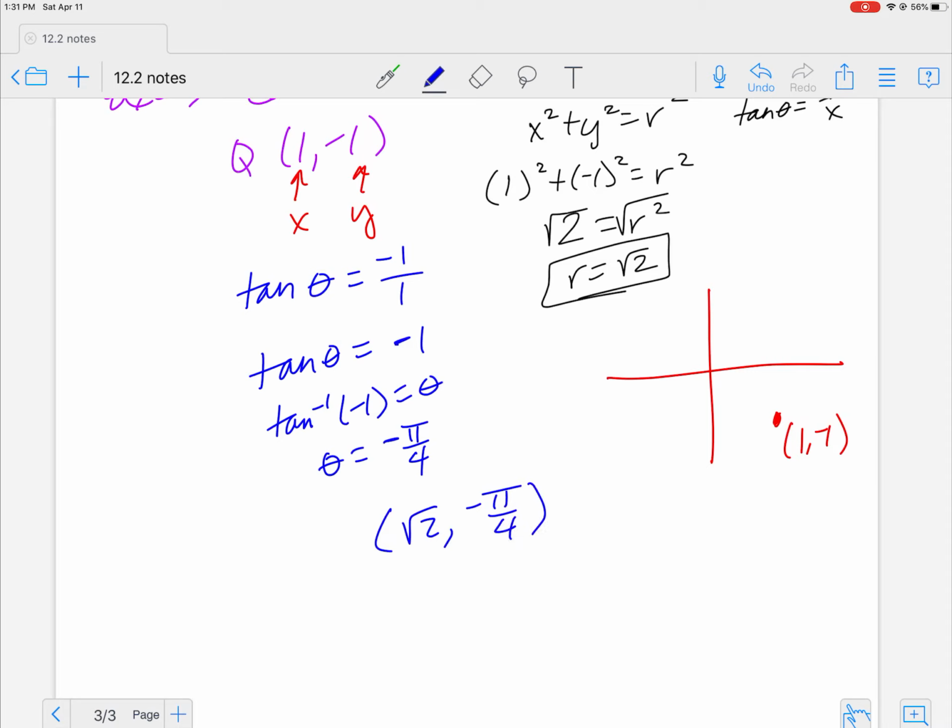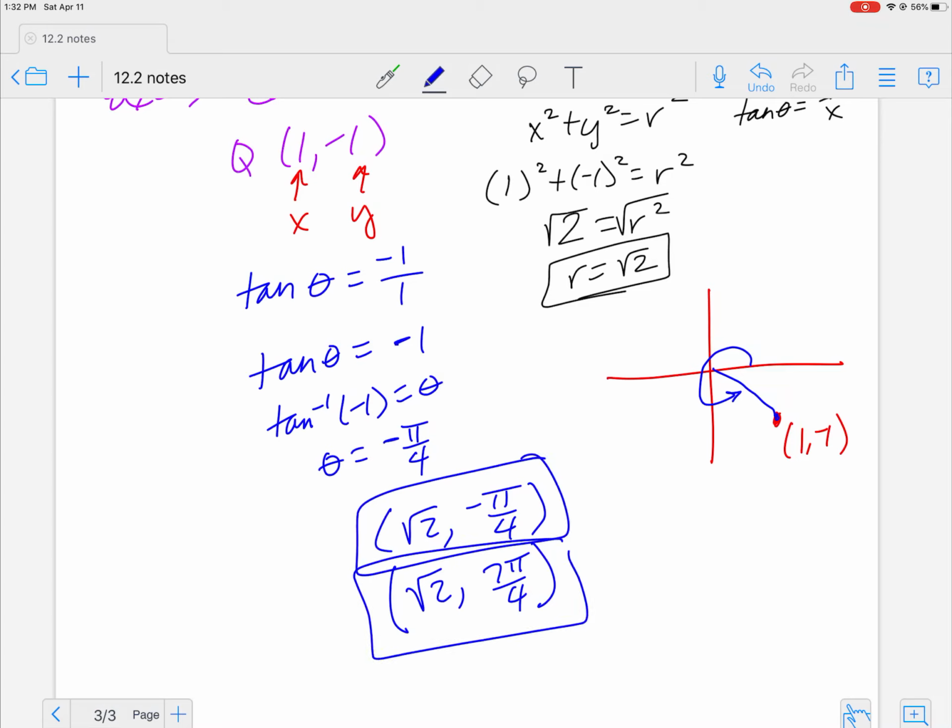But remember with polar, we can represent those multiple ways. What's another way to write that? Square root of 2. If I bring it out to here, what's this one? Yeah, 7 pi over 4. Because remember, you can write it multiple ways for those polar coordinates.